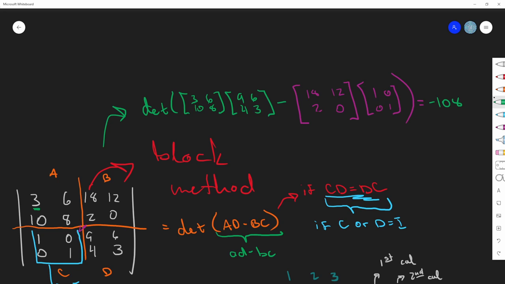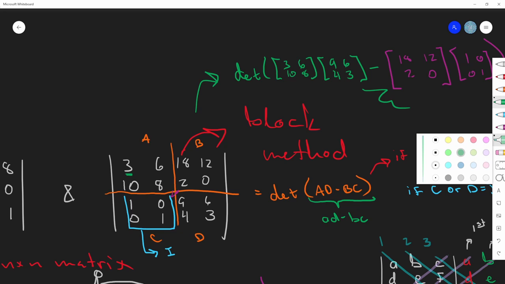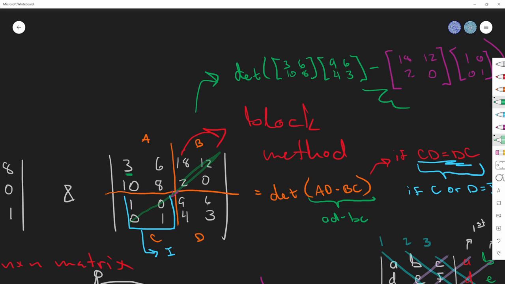And you can double check by finishing off this exercise, or you can do the row reduction on this 4x4 matrix. If you decide to do the row reduction, which I highly recommend just for practice, I recommend doing it across this diagonal. Let me actually use a different color. Across this diagonal.